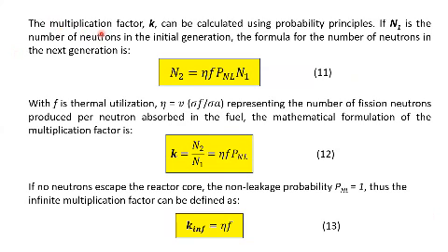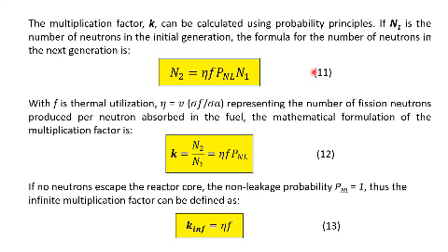The multiplication factor, K, can be calculated using probability principles. If N1 is the number of neutrons in the initial generation, the formula for the number of neutrons in the next generation is N2 equals eta F PNL N1.